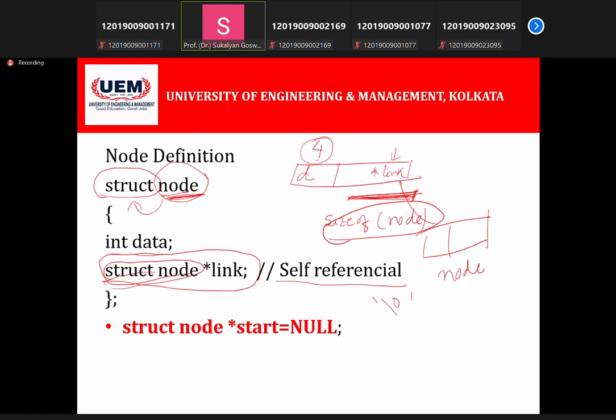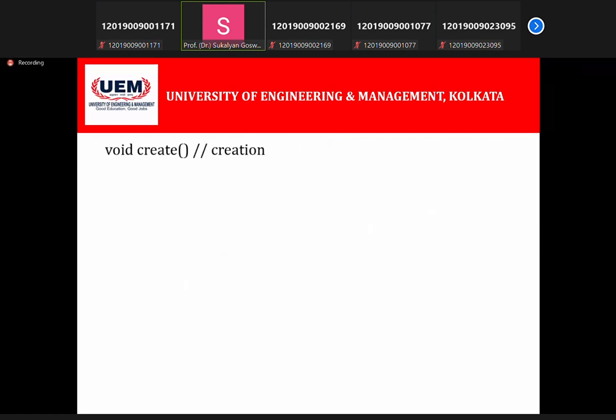So next we will go for how to create the list. The first job in a linked list program is to declare the structure. Once you have declared the structure, you declare start equals to NULL.